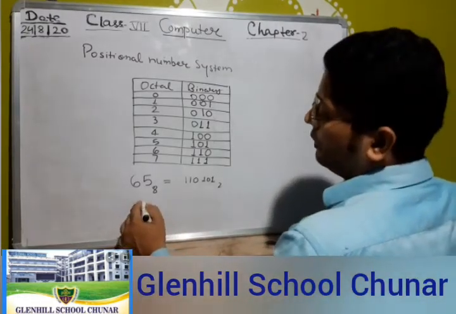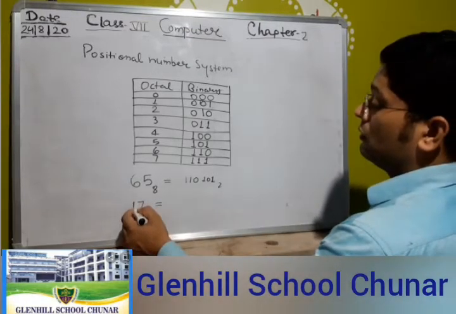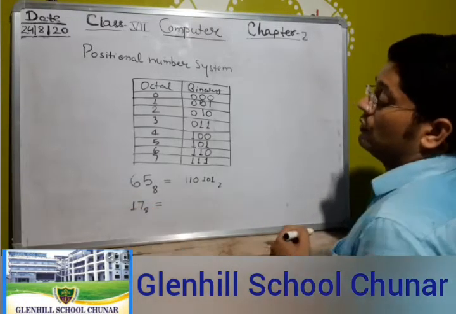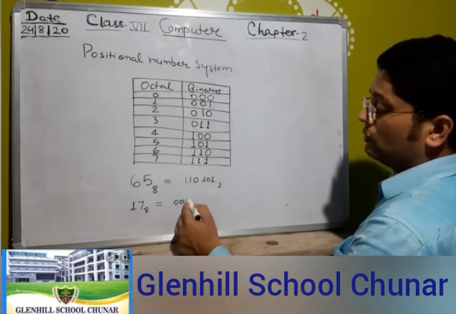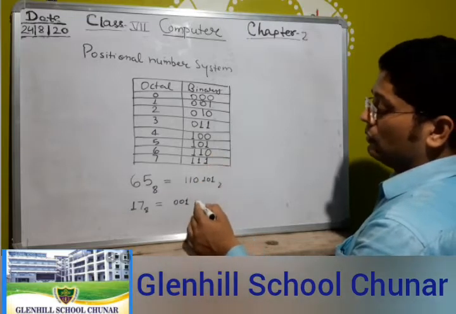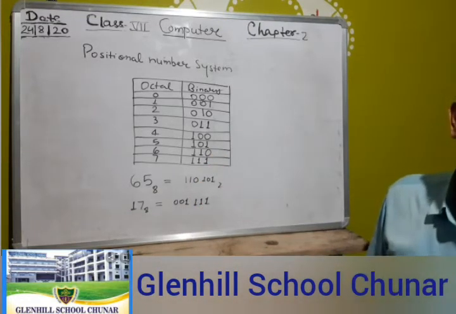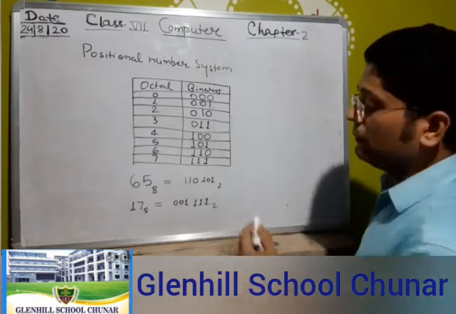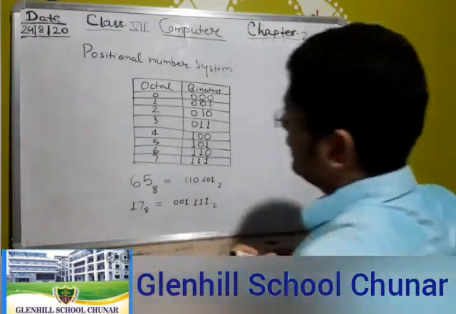Second example, 17: 1 is 001 and 7 is 111. So this is converting octal to binary. Please record this.